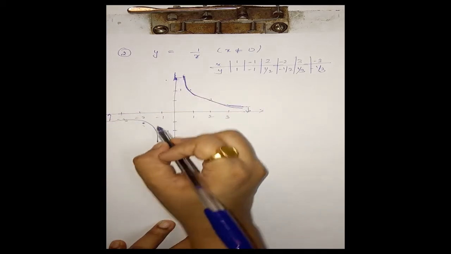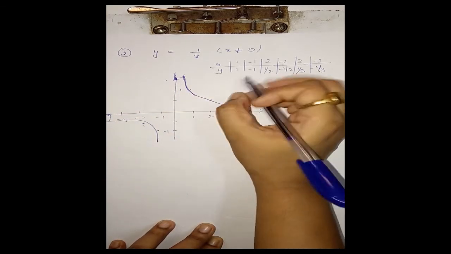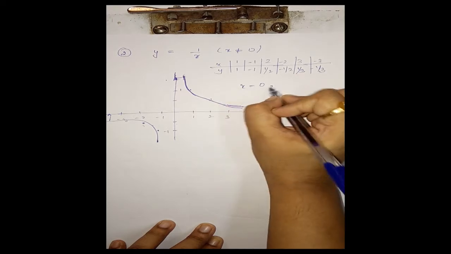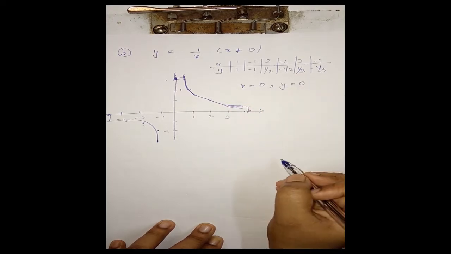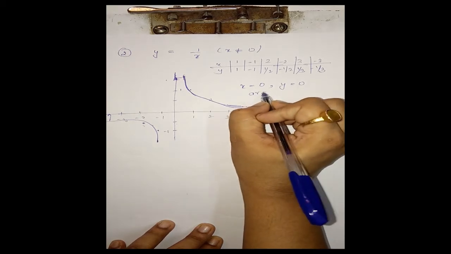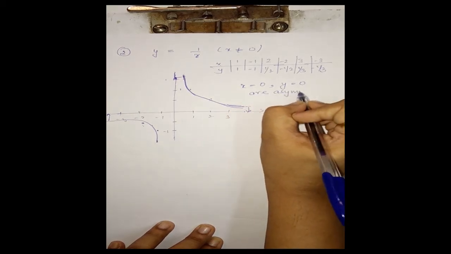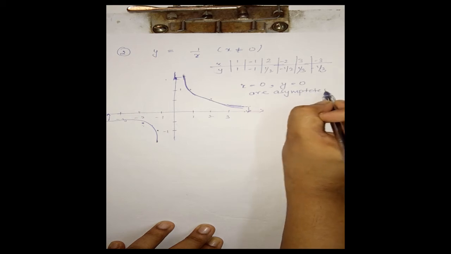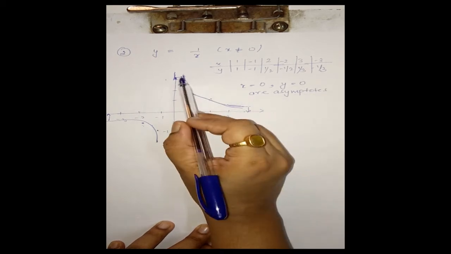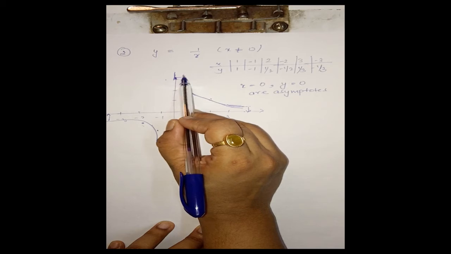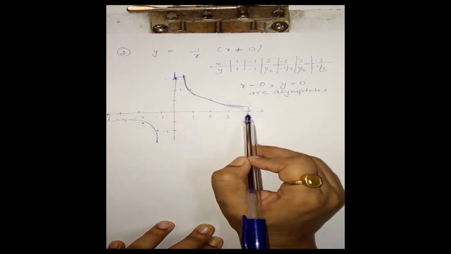That means the lines x is equal to 0 and y is equal to 0 are both asymptotes. The x-axis and y-axis are both asymptotes. If I take any point here, the distance is 0.